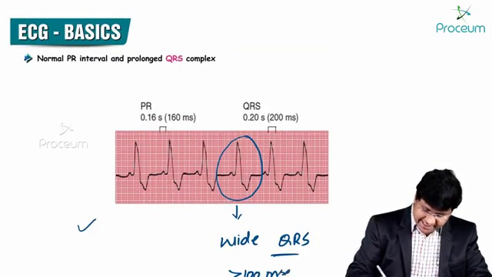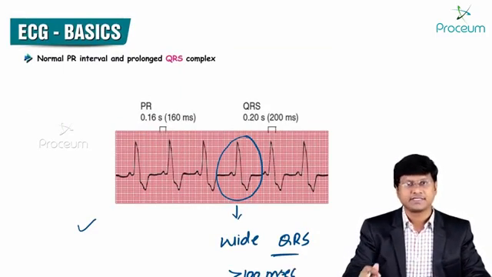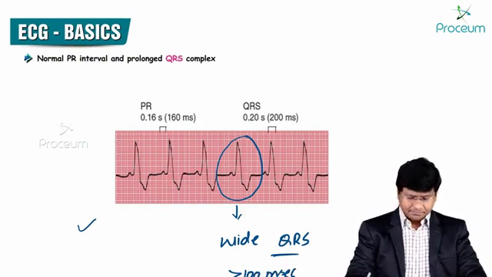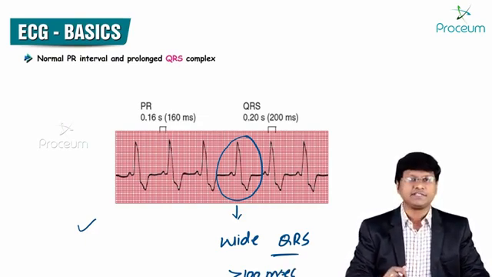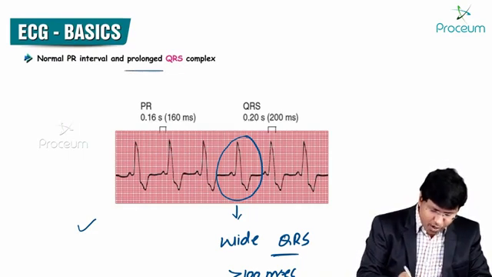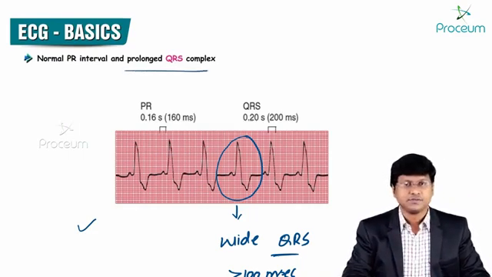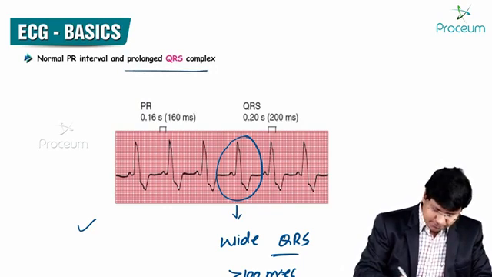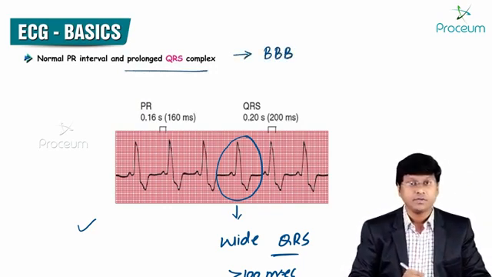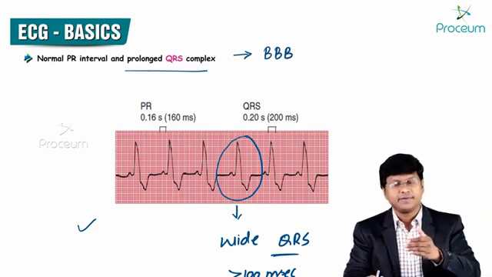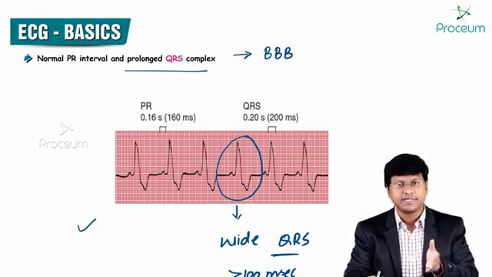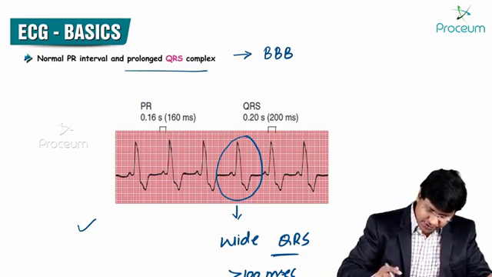What these milliseconds are, I will discuss in detail when I am discussing the ECG paper. Now, you will have this particular type of prolonged QRS complex in the clinical scenario of bundle branch blocks. You have the right bundle branch as well as the left bundle branch in your conducting system of the heart. Okay, you see this.